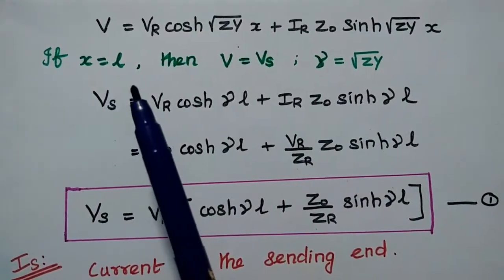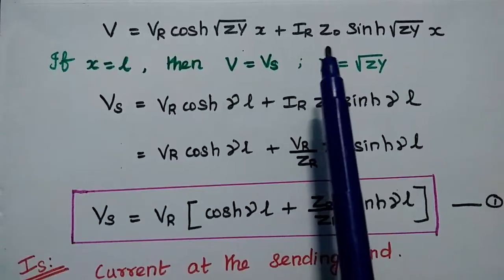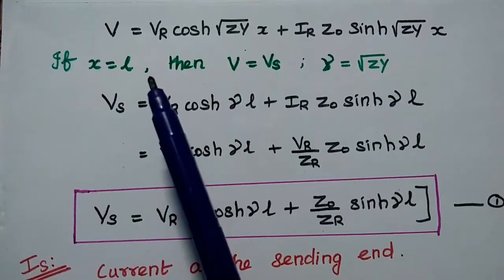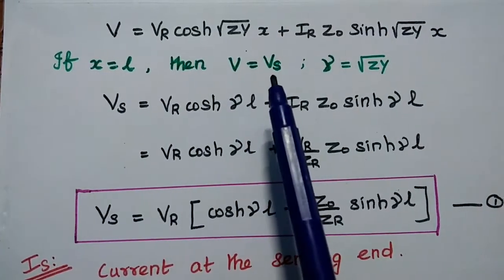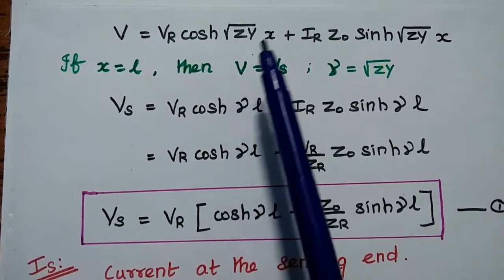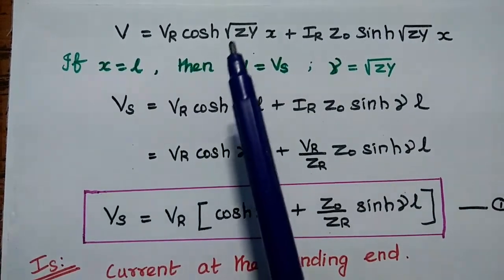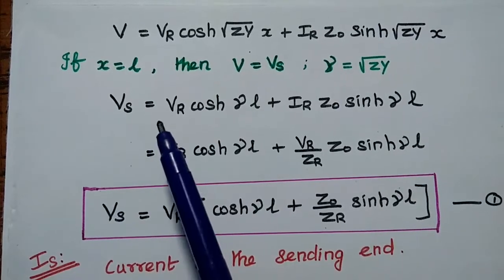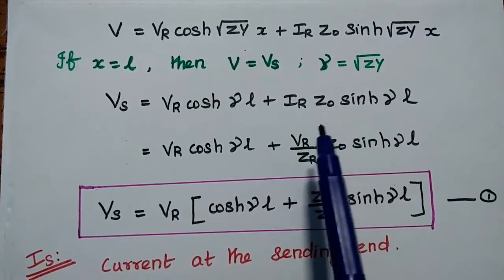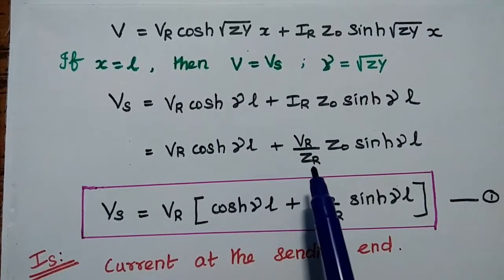Consider the voltage equation. V is equal to VR cosh square root of zy x plus IR Z naught sinh square root of zy x. If x is equal to L, then the voltage becomes the voltage at the sending end or the transmitted voltage. We can also represent the square root of zy as gamma. So the voltage equation becomes Vs is equal to VR cosh gamma L plus IR Z naught sinh gamma L. This IR can also be written as VR by ZR.